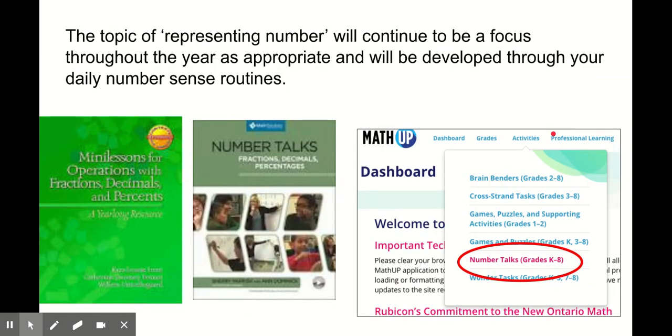The following resources should be in most OCDSB schools: Kathy Fosnot's Mini Lessons for Operations with Fractions, Decimals, and Percents, a year-long resource, Sherry Parrish's Number Talks resources, and Marian Small's online Math Up resource, among other resources. All provide a bank of topics and prompts for daily number sense routines.